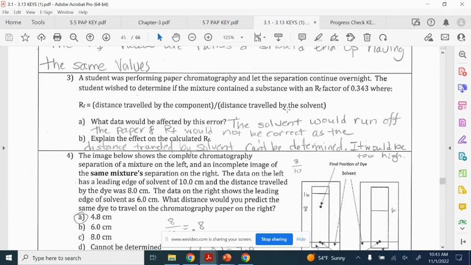And eventually I would guess that the paper would start dripping the solvent onto the floor. And this dot here would eventually end up running off the paper too. Eventually, but it would take a while. So you just can't even solve for the RF? Uh-uh.